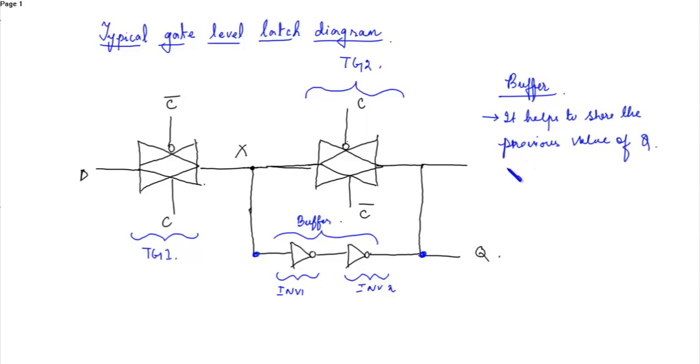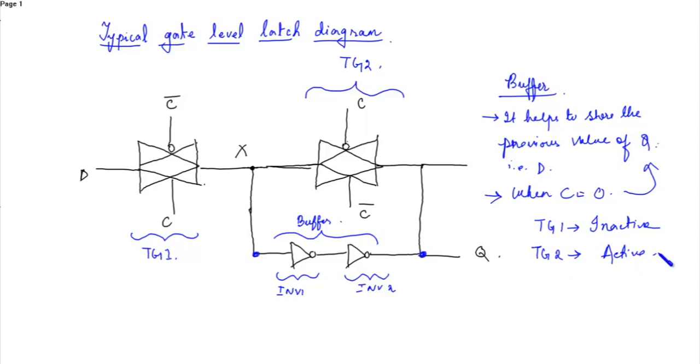Actually, it stores the value of D in Q. So this value is needed when C is equal to 0, because then transmission gate 1 is inactive and transmission gate 2 is active. So this input D does not pass to the output.